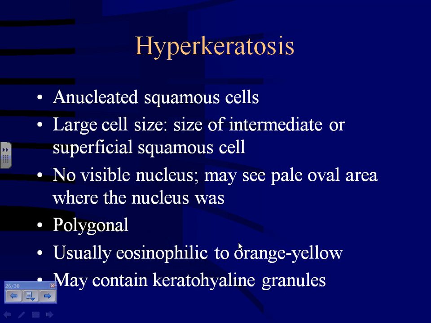They often stain eosinophilic and orange to yellow, but that's a combination of things that causes that, the degeneration as well as the hyperkeratinization, which will cause the cells to look eosinophilic and look like pumpkin orange colors in some cases. They may also contain granules of keratohyalin material, which is also a form of hyperkeratinization.